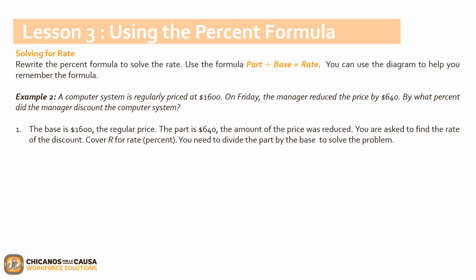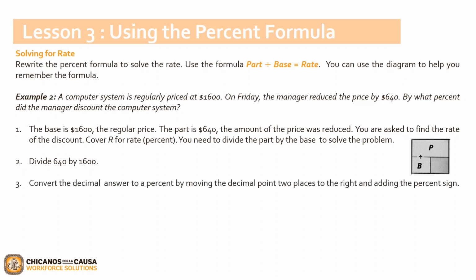So we're asked to find the rate of the discount. As shown in the diagram here, we'll cover R for the rate percent and need to divide the part by the base to solve the problem. Second, we would divide 640, which is the part, by 1,600, the base. We'll convert the decimal answer to a percent by moving the decimal point 2 places to the right and adding the percent sign.